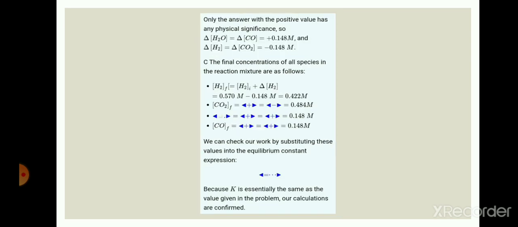Just plug in. First, don't forget to balance, then use the appropriate equilibrium equation, then answer what is asked, plug in the numbers, and calculate. After that, you will get your answer.